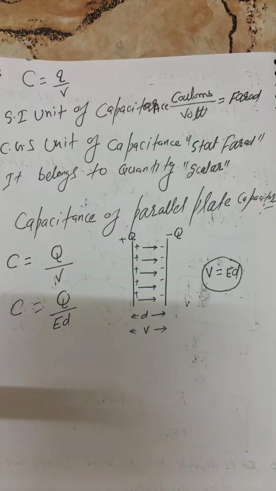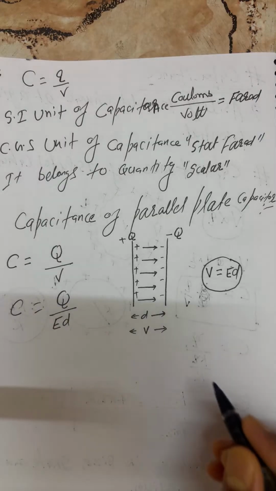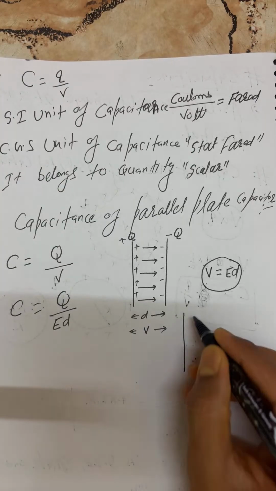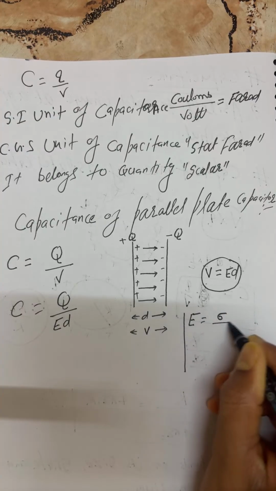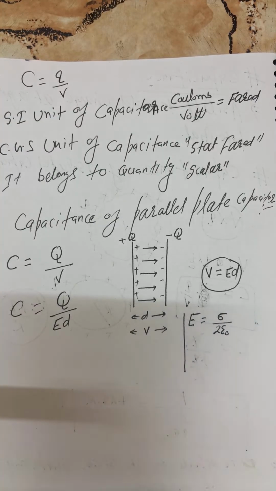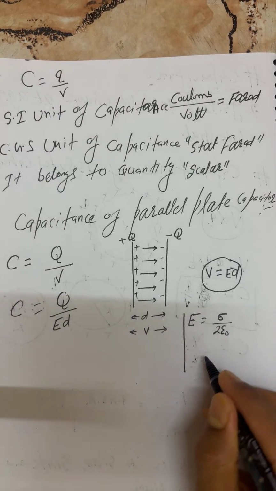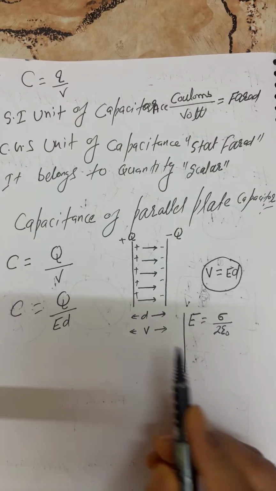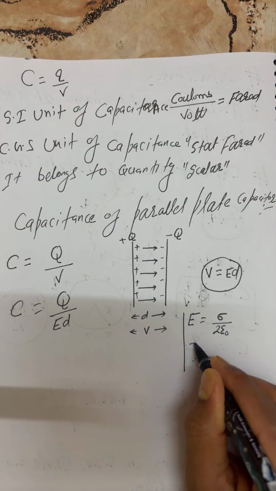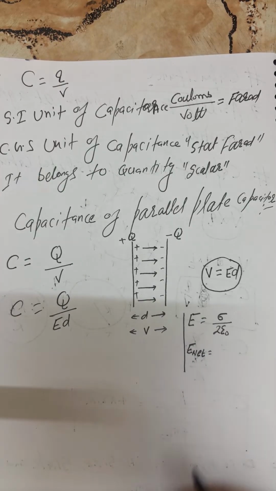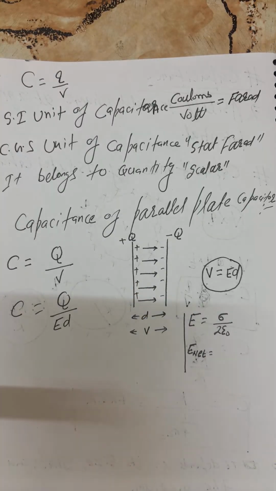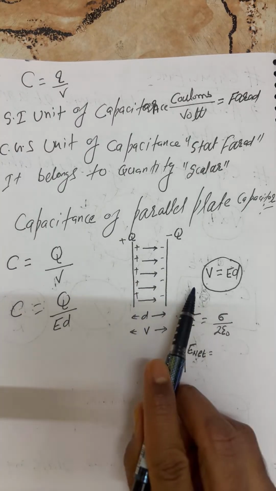Now I'll first find the electric field between the capacitor. Electric field due to an infinite sheet, what is it? Sigma by 2 epsilon naught. But we wanted to find the net electric field. Due to the positive charge, the electric field is radially outward, and due to the negative charge, radially inward.